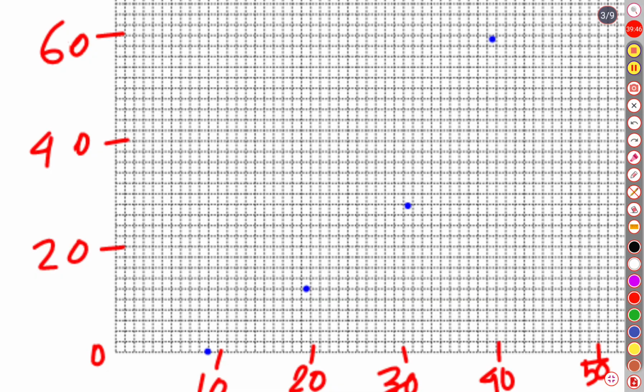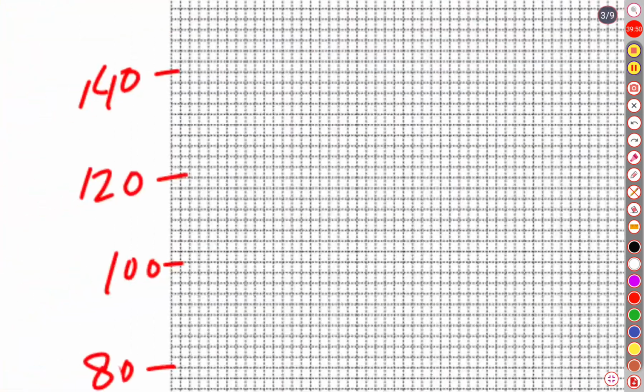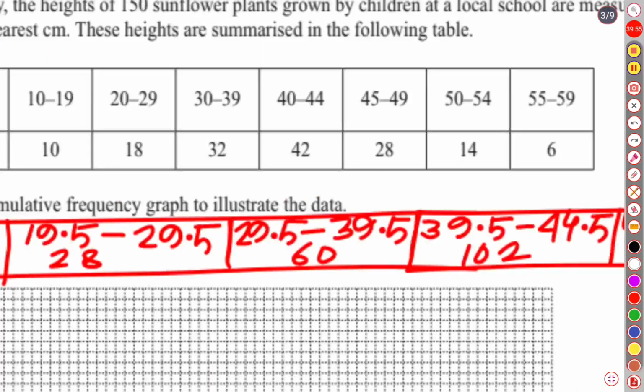Then after 60, the next frequency is 102. For that, the upper class bound is 44.5, since 39.5 has gone away.